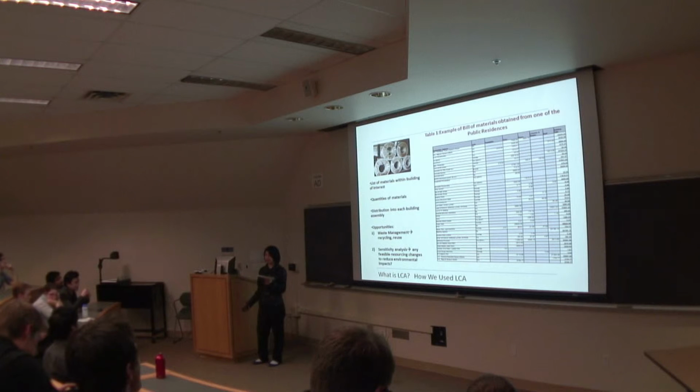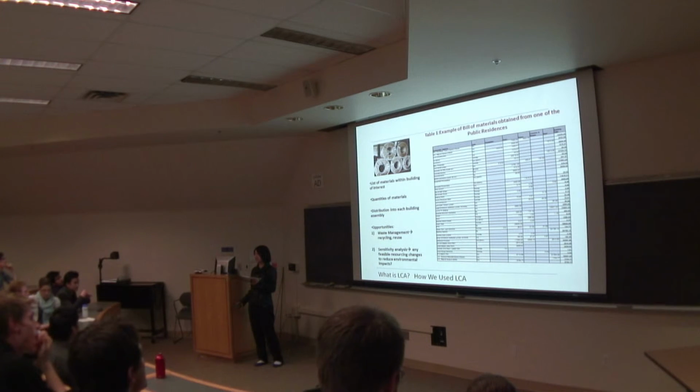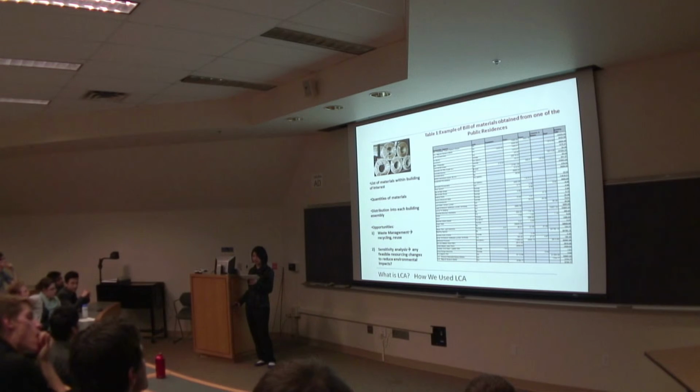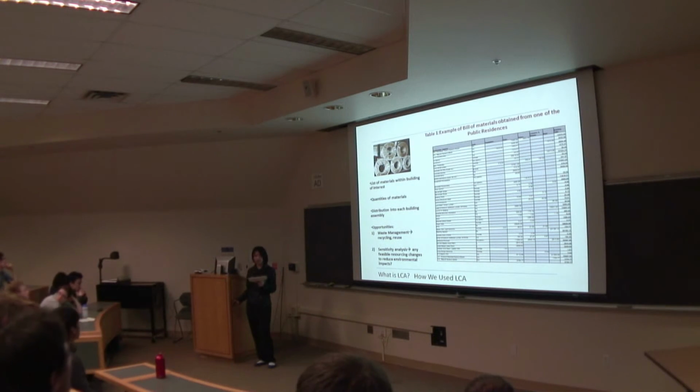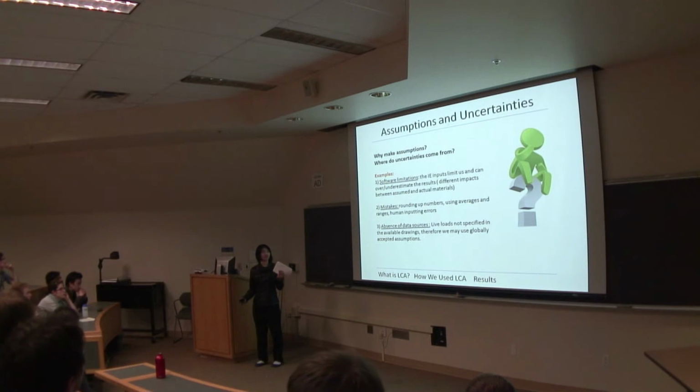So it helps us devise a plan for waste management, such as recycling, looking at what materials can be reused, as all materials do have value. It also allows us to perform sensitivity analysis, which lets us see which materials have the greatest impact to the environment.